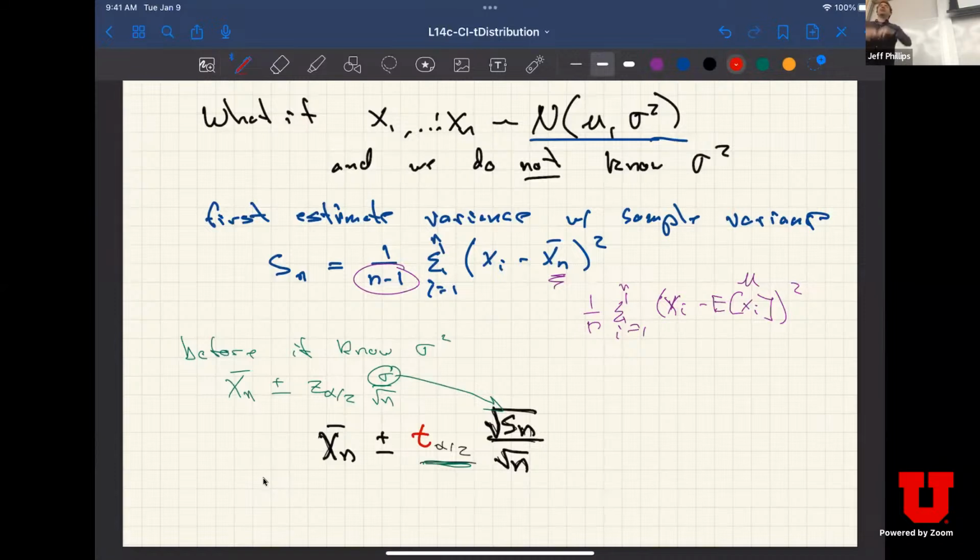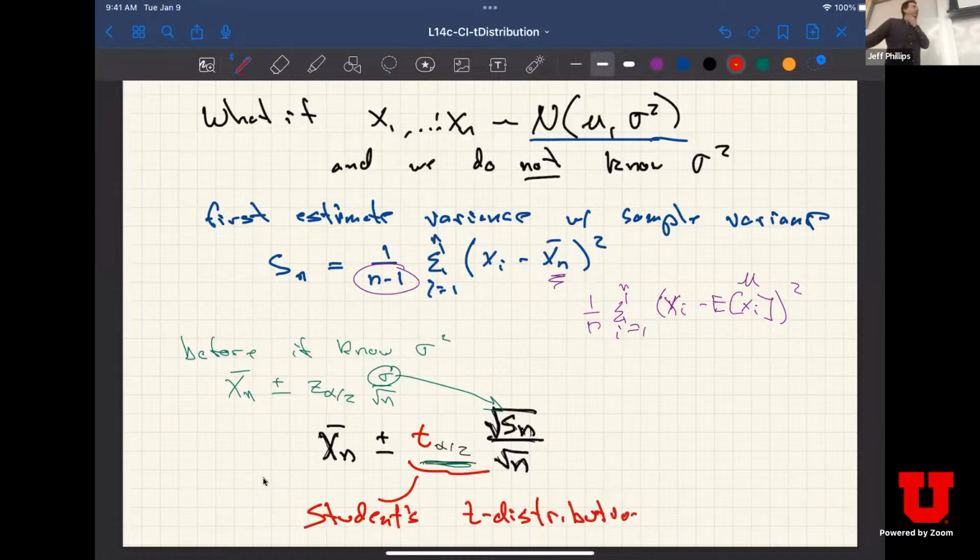Okay, and people have worked this out. So this is from Student's t distribution.